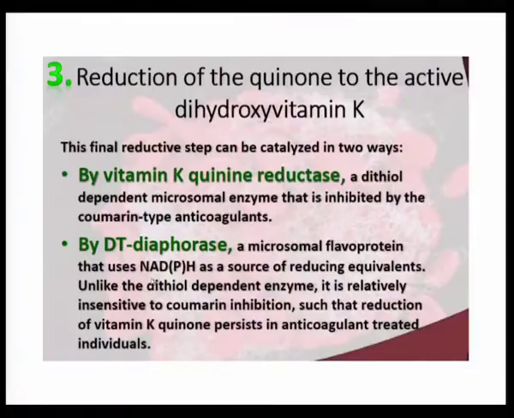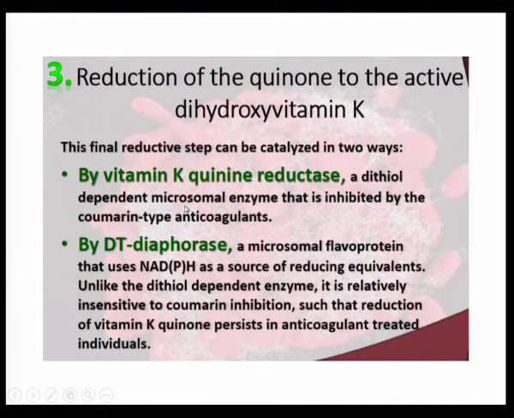Now if you look at it, what exactly happens? The final reductive step can be catalyzed in two ways. Vitamin K quinone reductase is a dithiol-dependent microsomal enzyme and is inhibited by coumarin-type anticoagulants. Again, these coumarin derivatives are said to have a somewhat broad spectrum of activity.